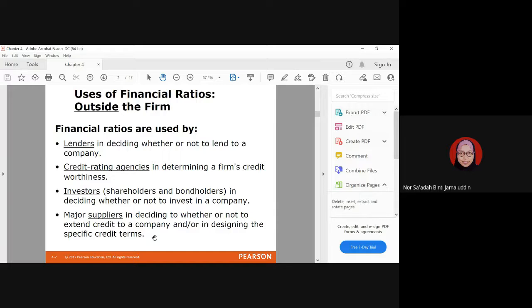Okay, this is on the major suppliers, so that when our major supplier supplies their goods and services to our company, we must pay either by cash or by credit, either by cash or by accrual basis, so major suppliers will use our ratios, our information on the financial statement to decide either to extend our credit term or not.